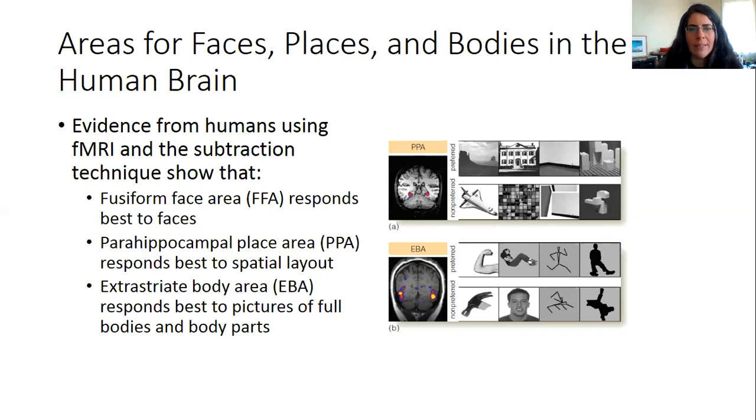Research that exemplifies that we have areas for processing faces, places, and bodies comes from fMRI studies. They put individuals in fMRI scanners, show them a series of pictures, and look at activation in different areas of the brain, right?